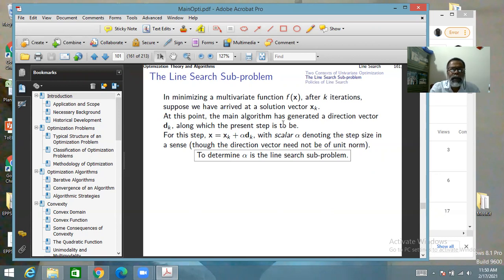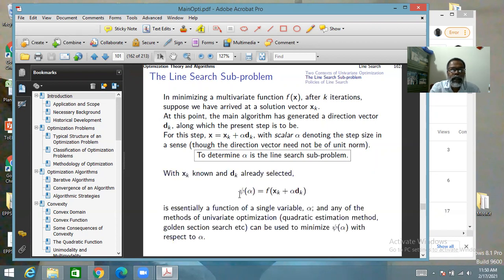Why do I say in some sense? Because this vector dk, though called a direction, doesn't need to be of unit magnitude. I need to clarify this, because it is typically understood that when we talk of direction vectors, we talk of unit magnitude vectors. That is not necessary, but you can keep it so. So the problem of the line search is to determine alpha.